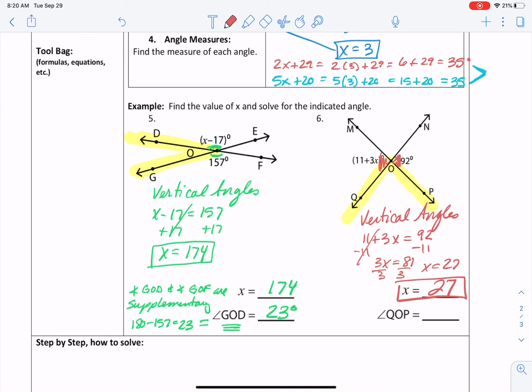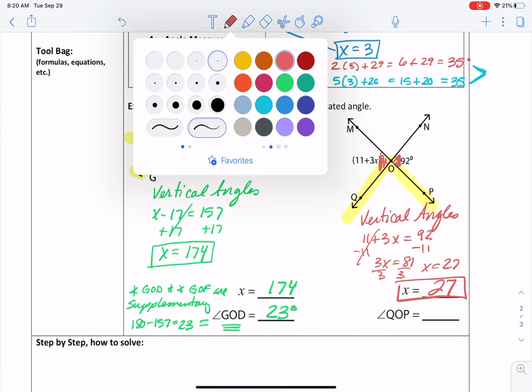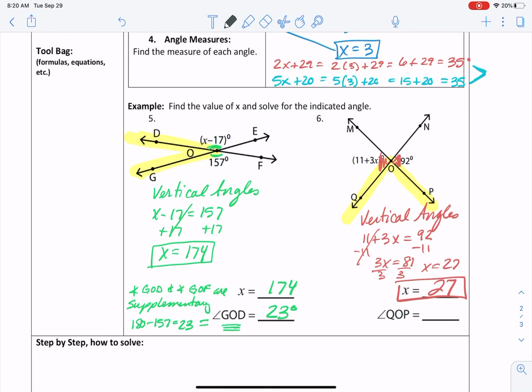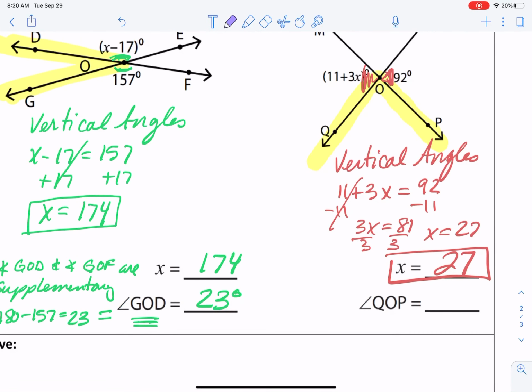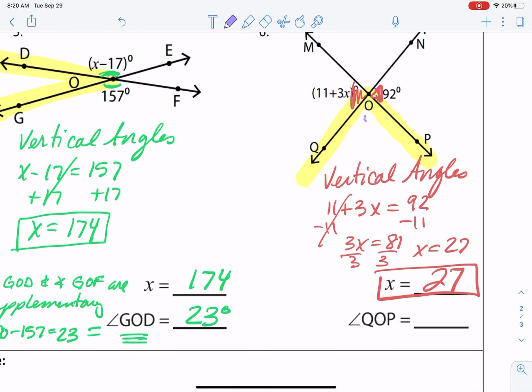But then I need to find QOP, which is this angle right here. So then I can say that angle QOP and angle PON, let me write that better, angle PON are supplementary.